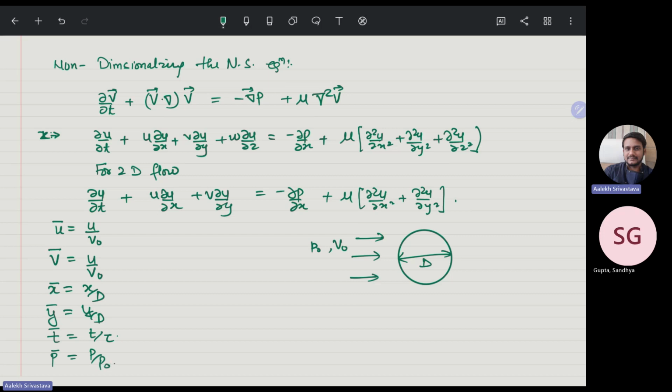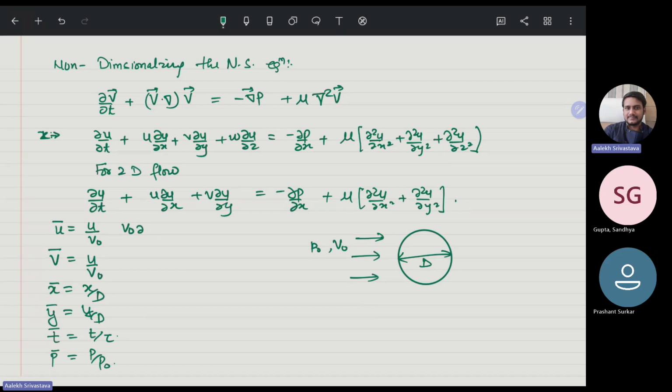Now if we do the non-dimensionalization, the first term, del u by del t, will be v0 del u bar by del t bar, and this term will come with tau. This is the first term.